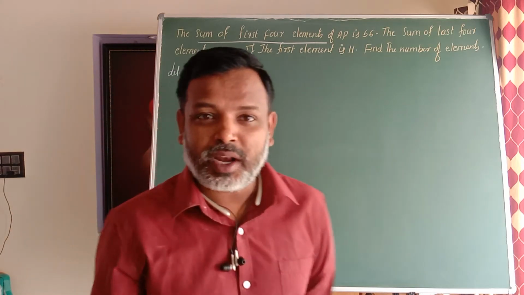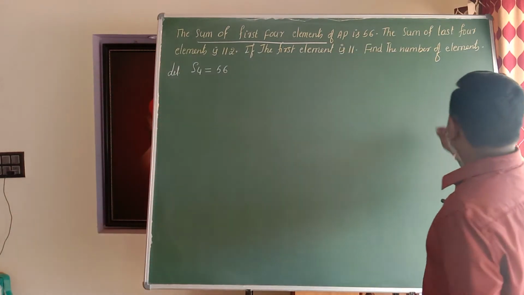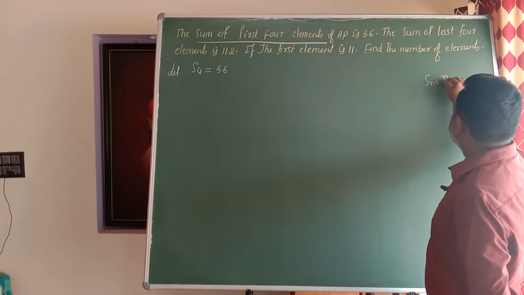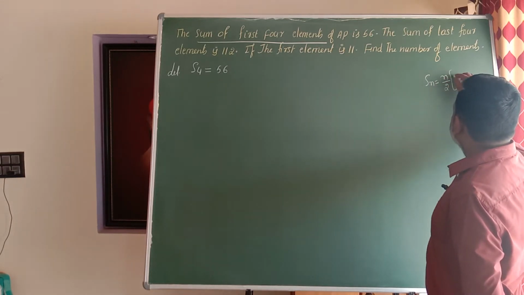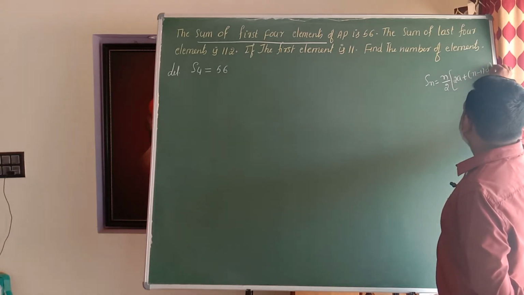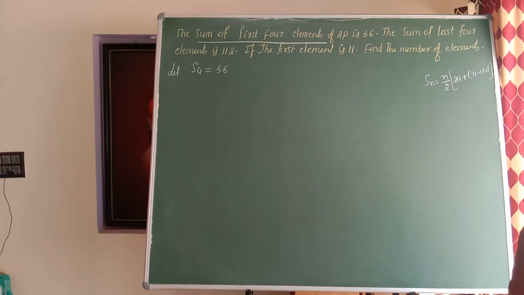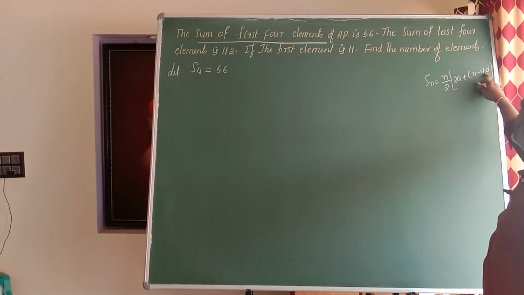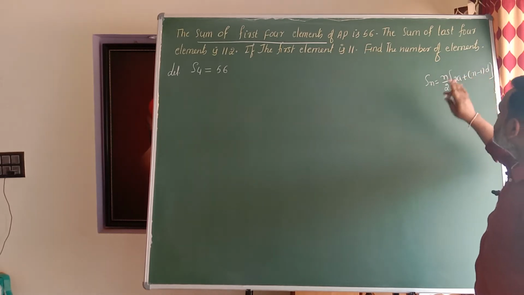Nothing but, as you know, Sn is equal to n by 2 into 2a plus n minus 1 into d. Why do you have to use this formula? Because we have a but we don't know d. So to find the common difference d, we have to use this.